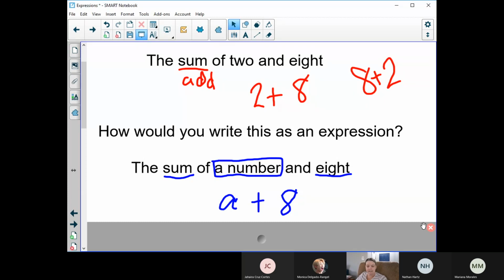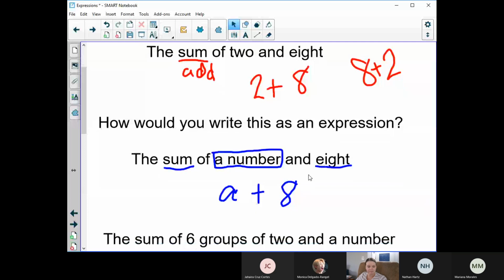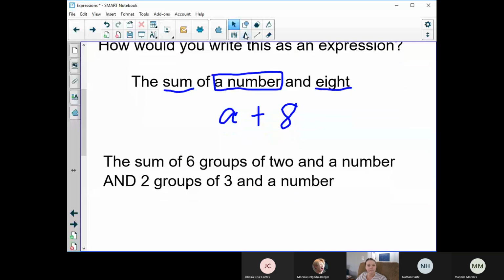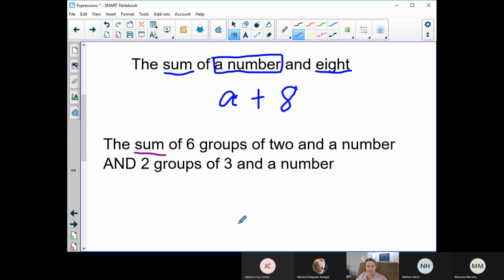All right, let's take a look at some more. The sum of 6 groups of 2 and a number and 2 groups of 3 and a number. So I'm going to start by looking for those keywords. The first one I come across is sum, which tells us that we are going to be adding something together.